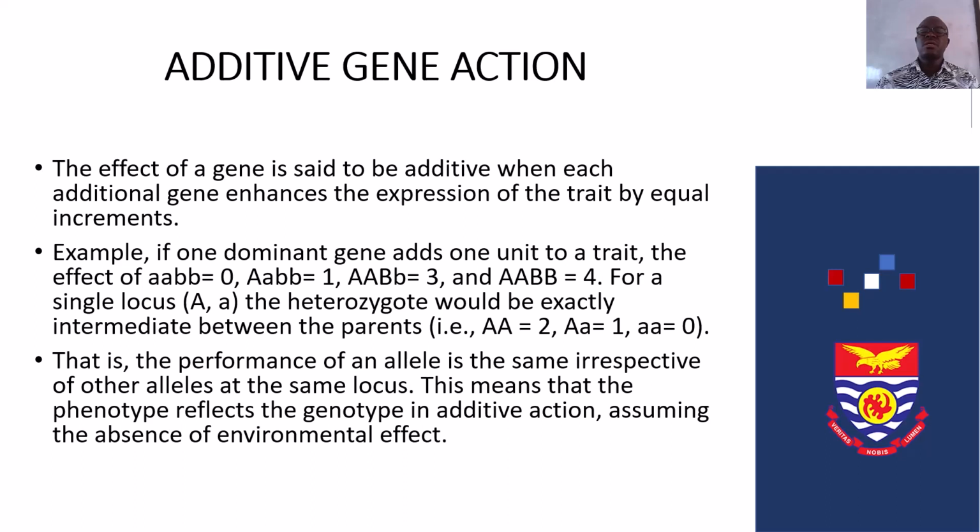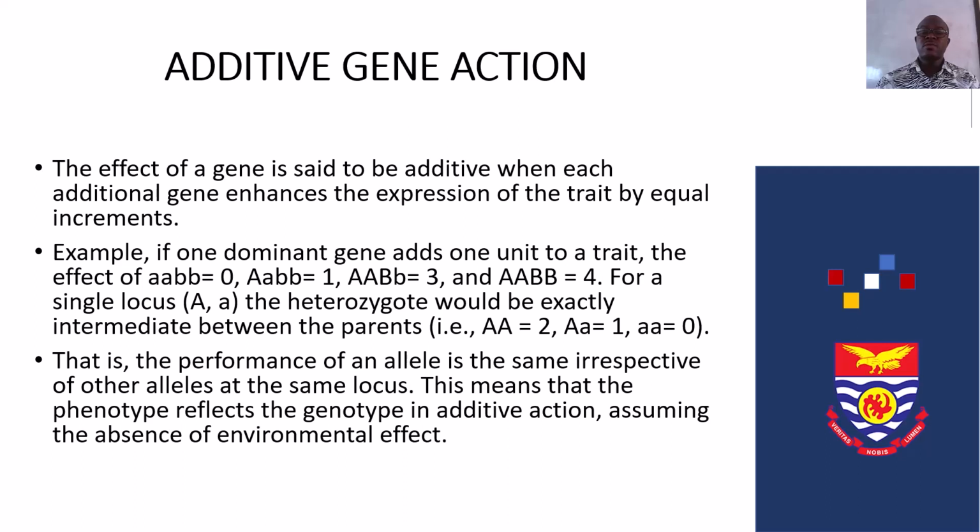And dominant A, dominant B equals 4. For a single locus, A dominant, A recessive, the heterozygote will be exactly intermediate between the parents, that is, AA dominant equals 2, A dominant, A recessive, that's co-dominant, equals 1, and AA recessive gives us 0.